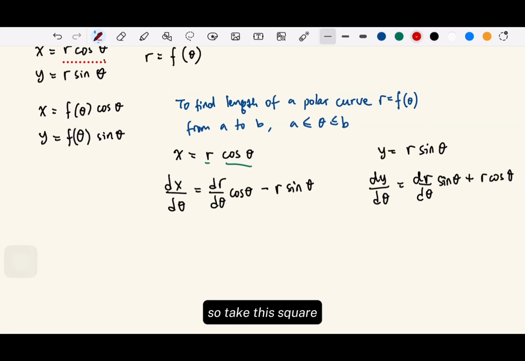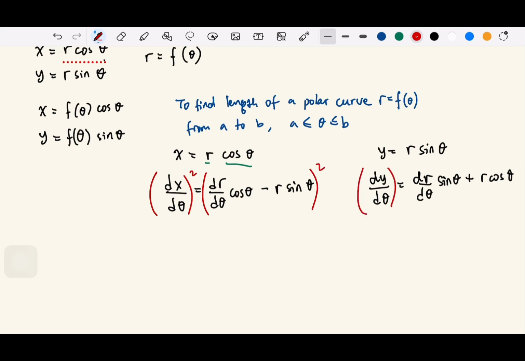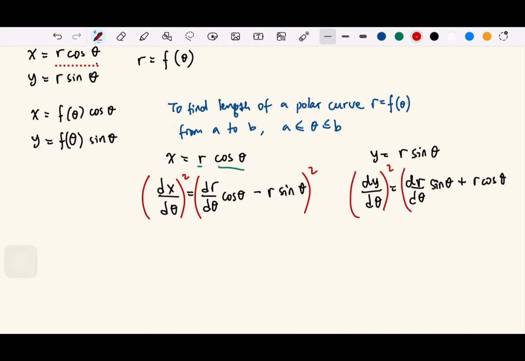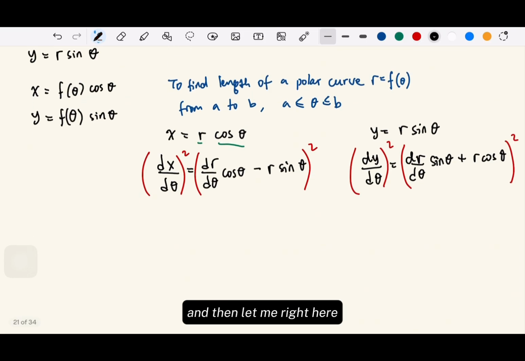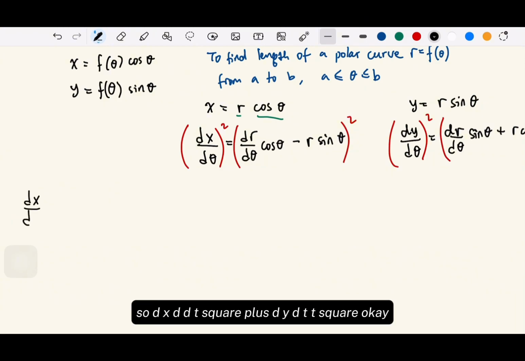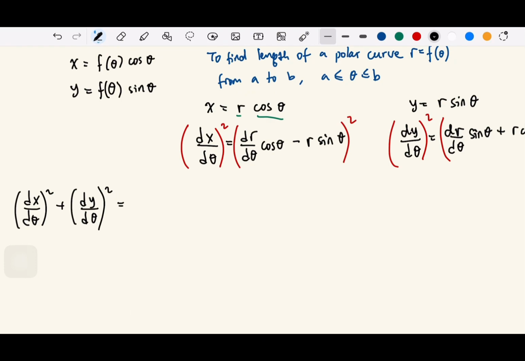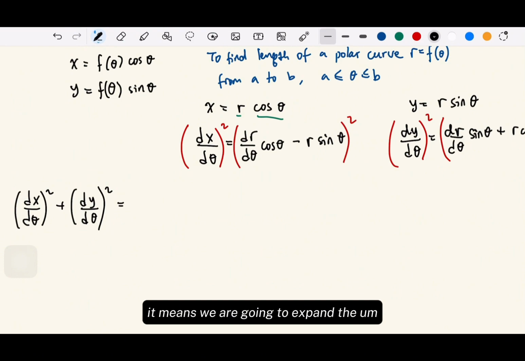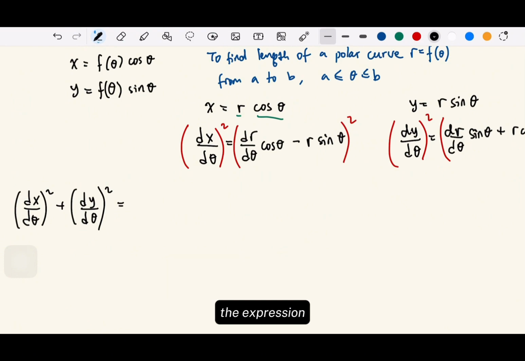So take this square, and then let me write here. dx d theta squared plus dy d theta squared. Okay. So let's just square. It means we are going to expand the expression.